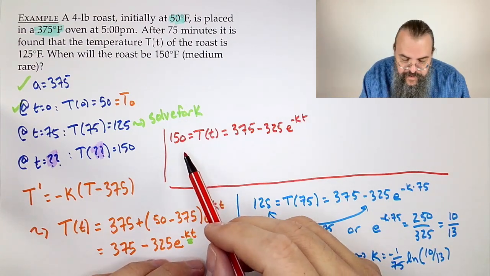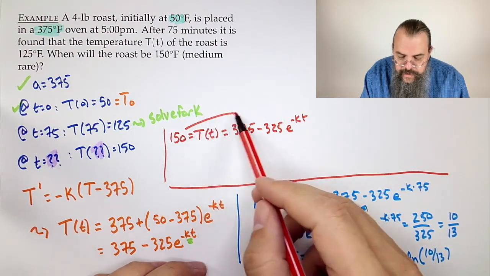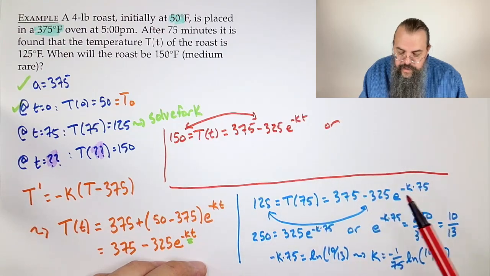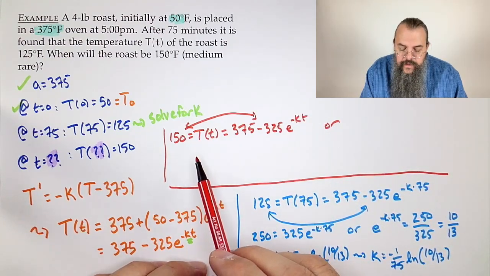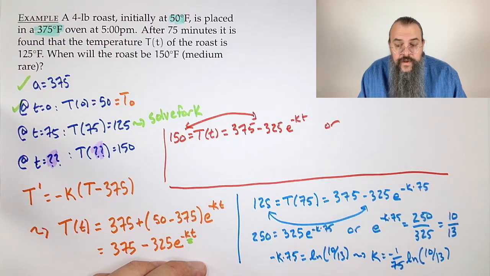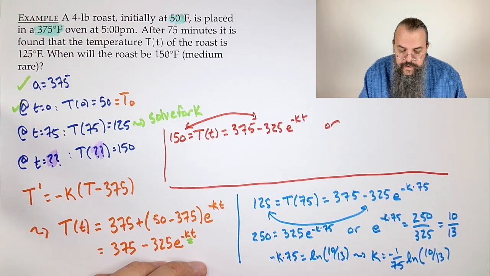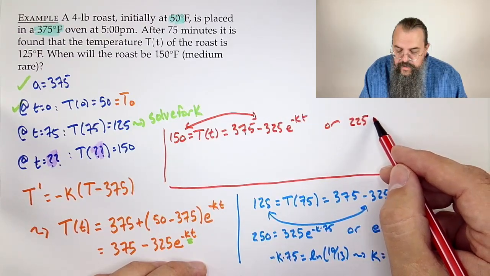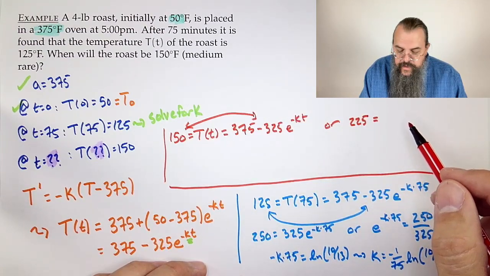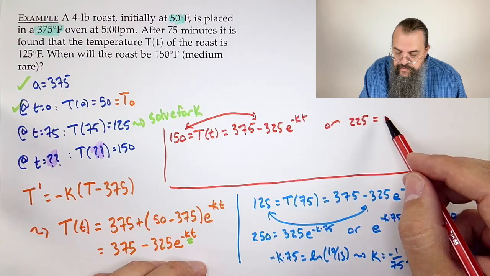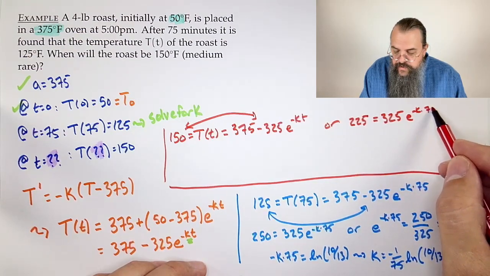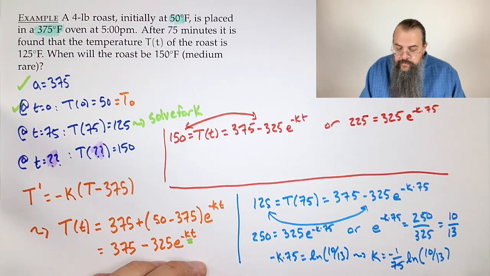All right, well, we do what we did before, right? We move stuff around. We can move terms around. We can say, okay, well, this really is the same thing as saying 375 subtract 150 would be what? Well, it's 225. And that's going to be equal to our 325 e to the minus k times t.